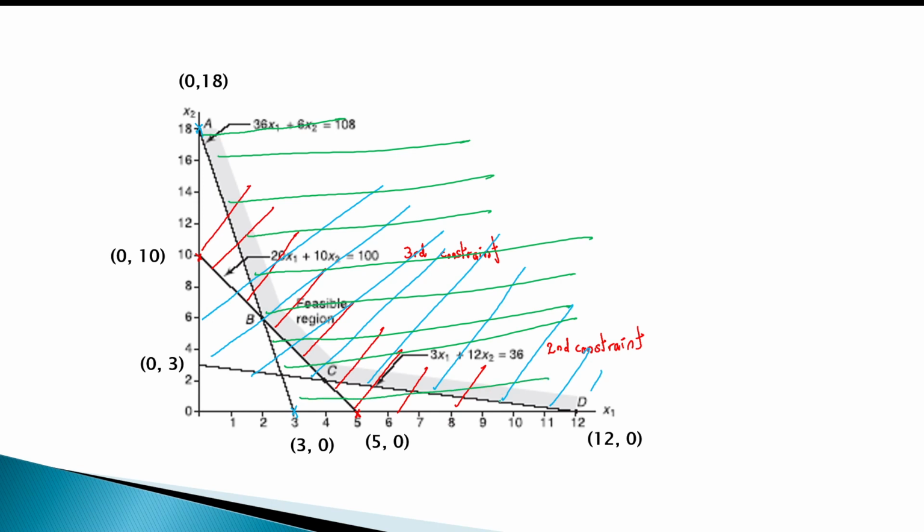So the feasible solution region is the region overlapped by the three graphs. This one is only the red color. This one only the blue color. So this is actually nothing. This is only the red color, so this one cannot. This is only two regions, blue and green.